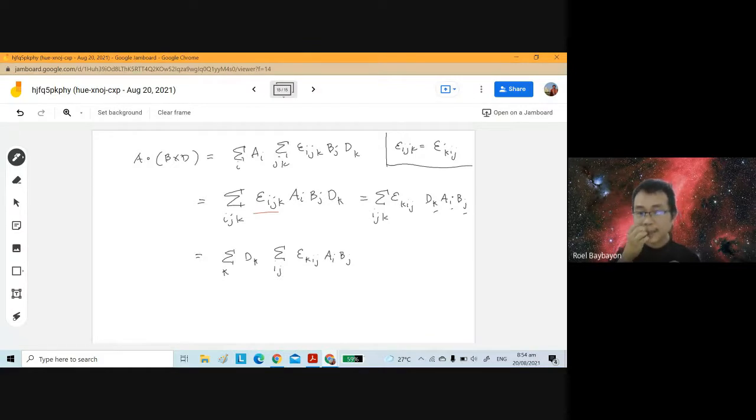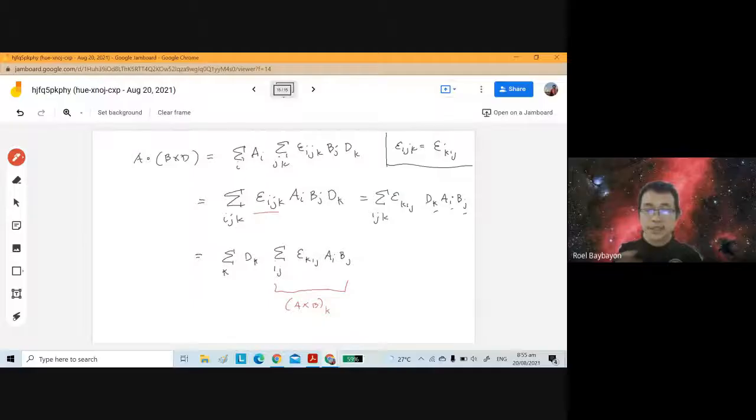And then epsilon KIJ. Take note: if the summation is over IJ only, and in your epsilon the first index is K, then this term here is the definition of the components of the cross product of A B, the Kth component.